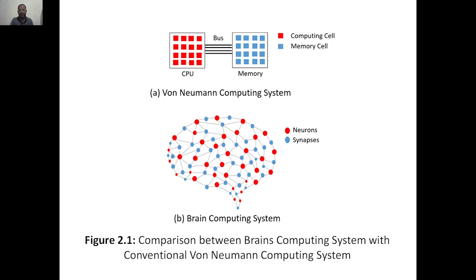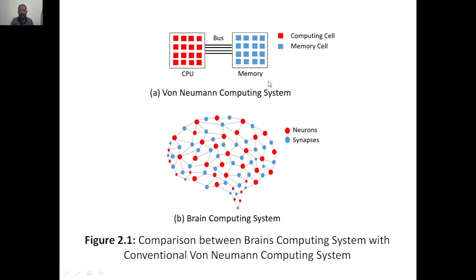There will be a bus, that means a communication system, between the computing system and the memory cells. The CPU will compute, and there will be a two-way connection to the memory. So the CPU will receive the input, process the input, and then store it as memory.